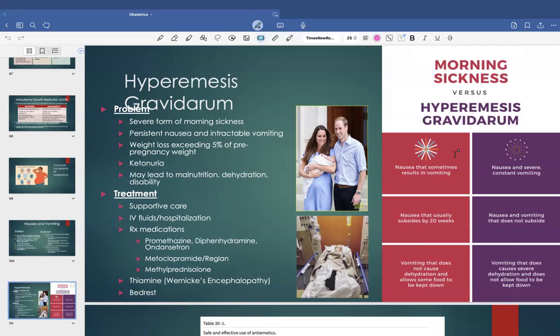Treatment for this is supportive care. Everybody's different, so they're going to respond differently, but some patients might need IV fluids, hospitalization. There are prescription medications. We just talked about a few of those.